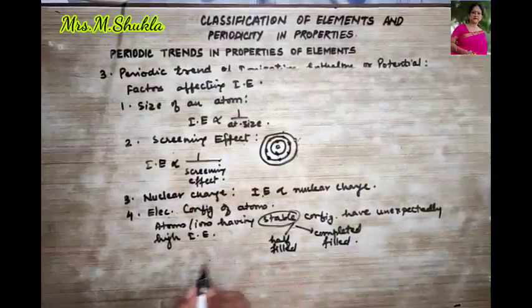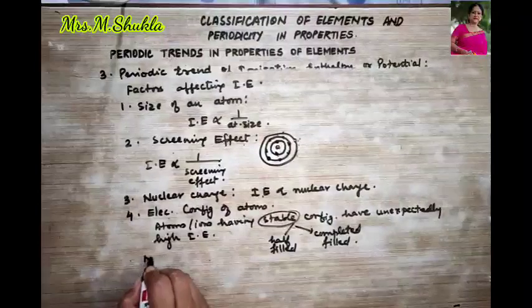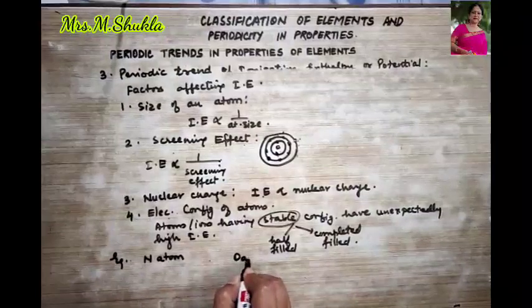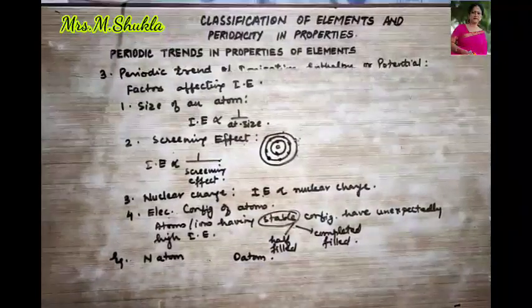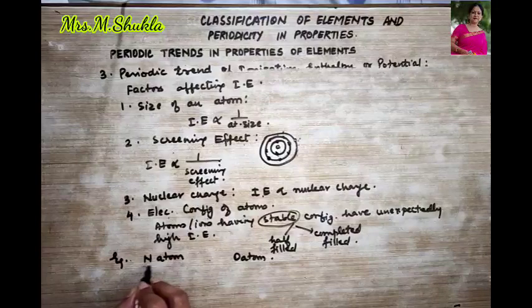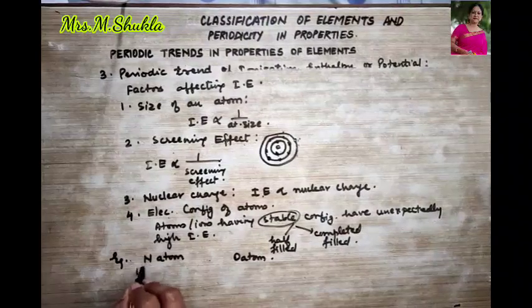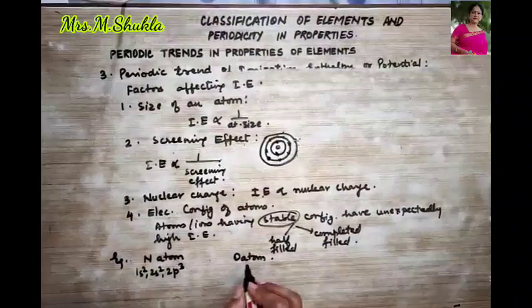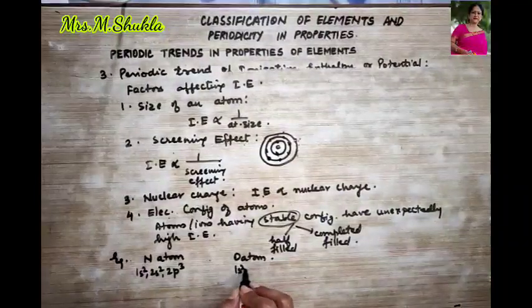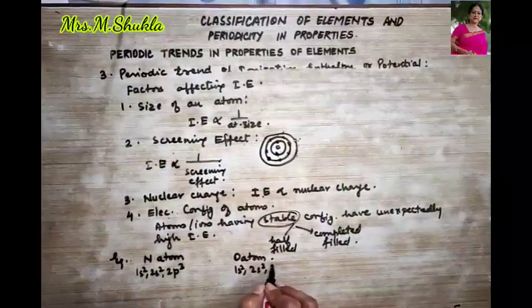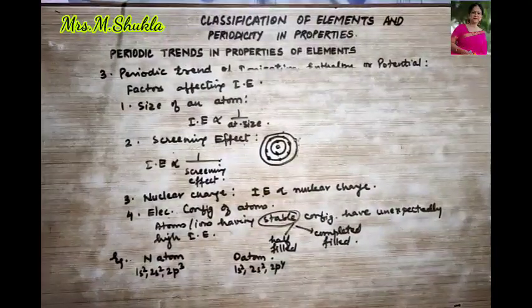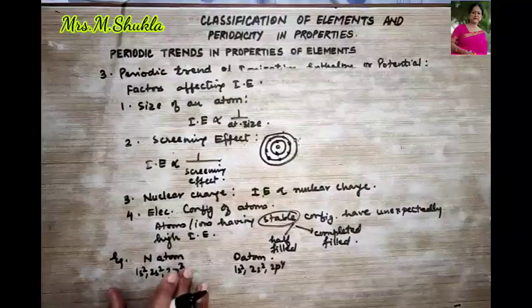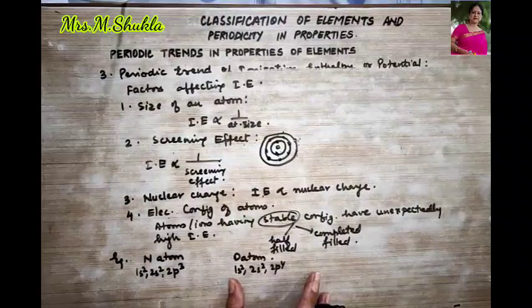So let's take an example of nitrogen atom and oxygen atom. Look at nitrogen atom. The configuration will be 1s2, 2s2, 2p3, whereas that of oxygen is what? 1s2, 2s2, 2p4. So first ionization enthalpy of nitrogen is always higher than that of oxygen.